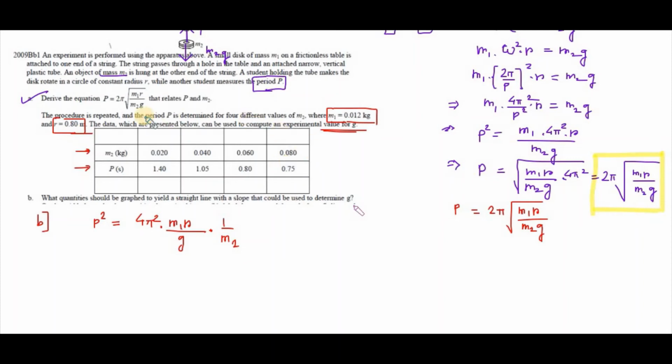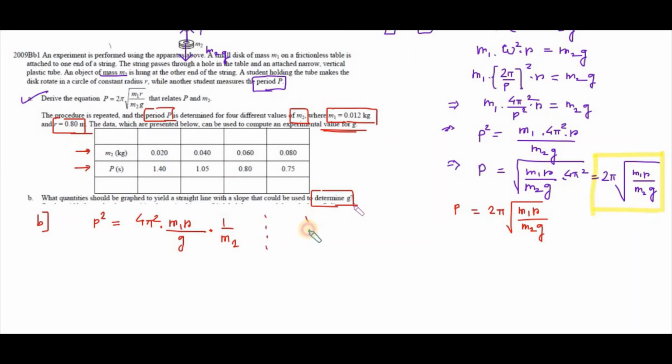Now we have to graph the period P against the different values of m2, but the graph should be such that we get a straight line, and the slope of the straight line would help to determine g. That means let's think about the straight line equation.